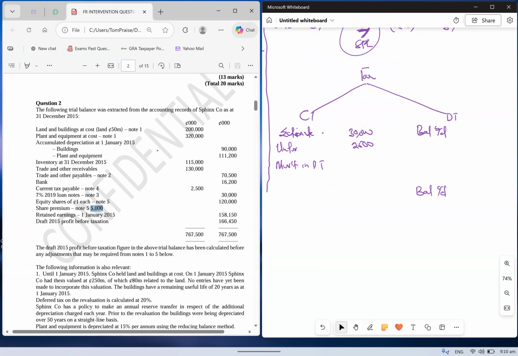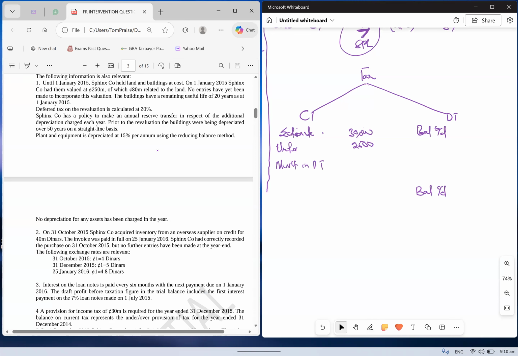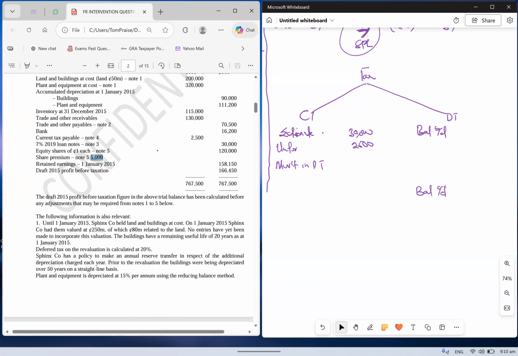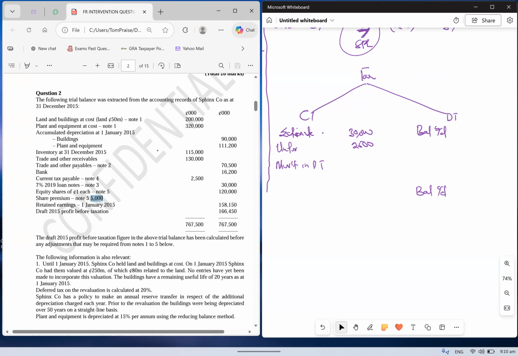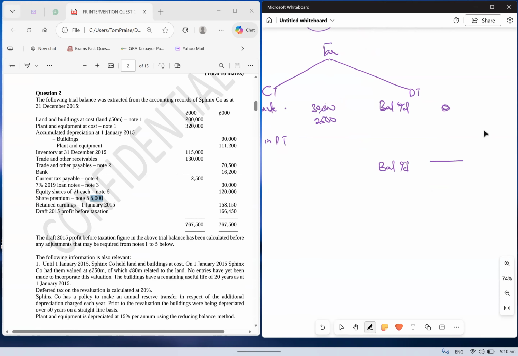The question can give it to you in the footnote, or in the trial balance. In the footnote, we don't have any deferred tax brought down, and in the trial balance too, I don't see any. So it means the balance is 0. Now we are the ones going to calculate our own.